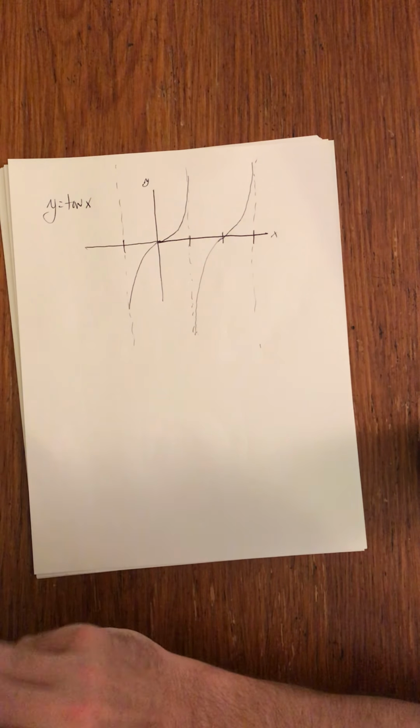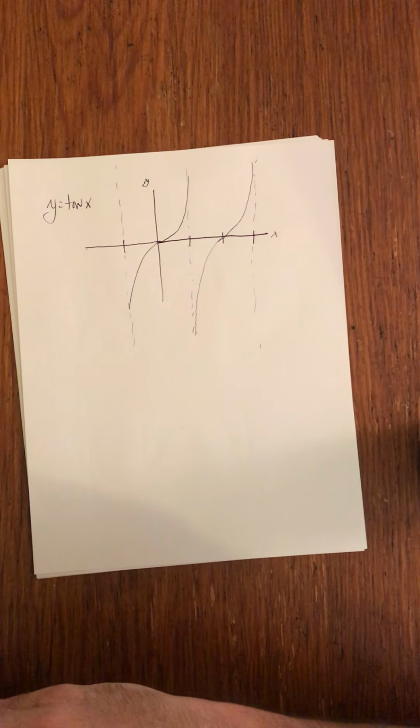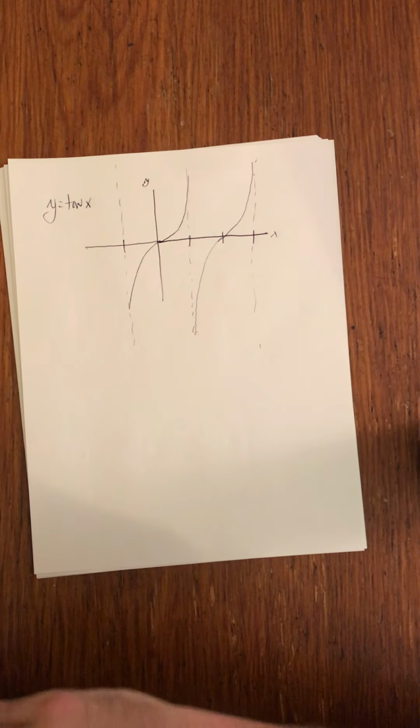So let's talk about what the function's got to be that describes the slope of this. The first thing that we notice here is that the slope will not exist at negative pi over 2, pi over 2, 3 pi over 2, etc. Meaning the asymptotes of this graph have to be at the same place as the asymptotes of the graph that we're about to derive.